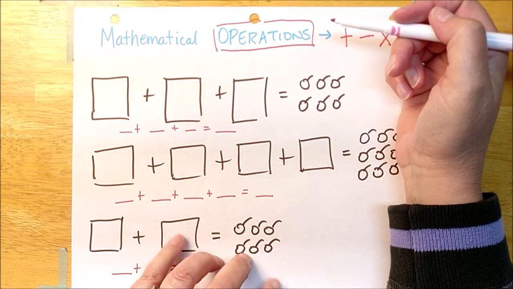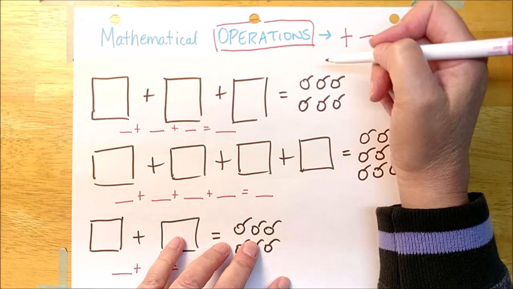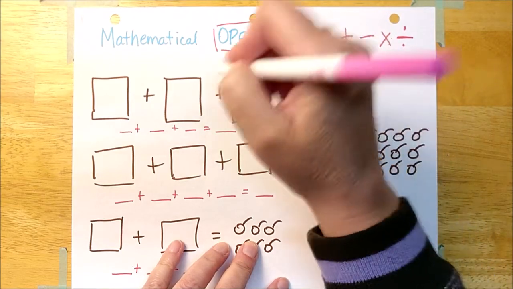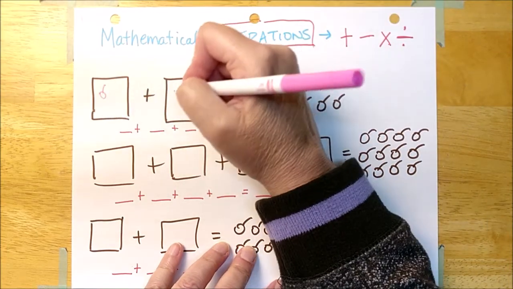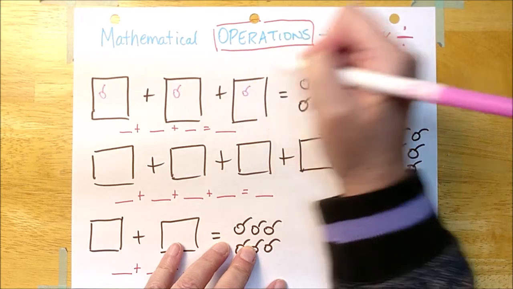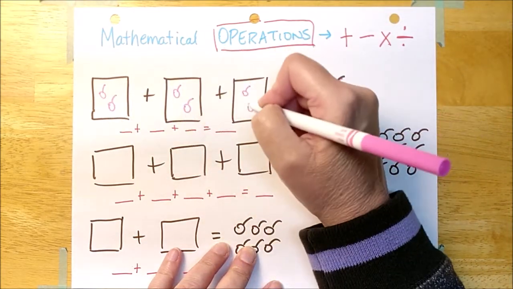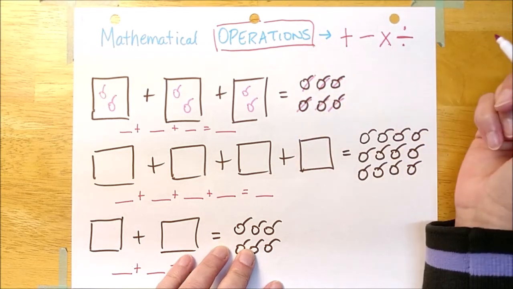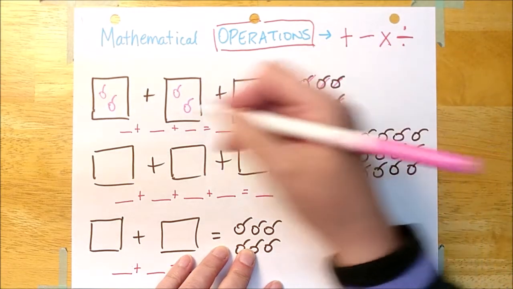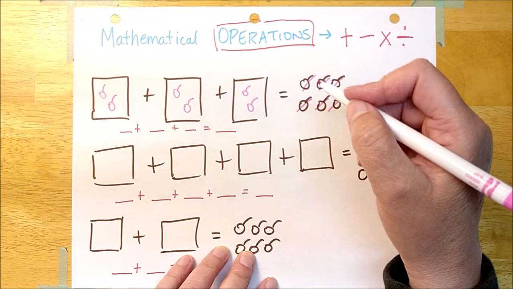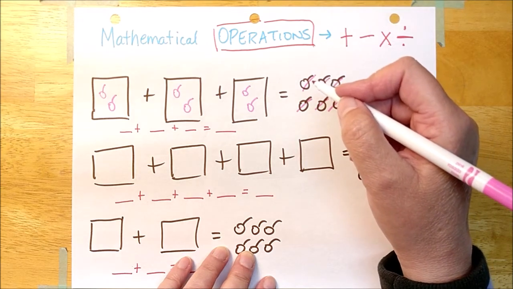Well, I could just do this. 1, 2, 3. 1, 2, 3. And that would use them all up, and I found out that 2 go into each box.